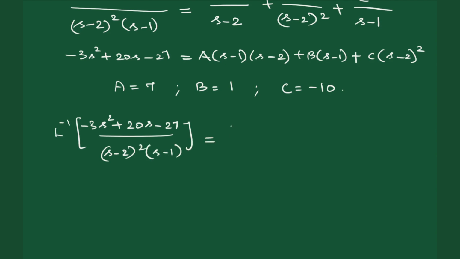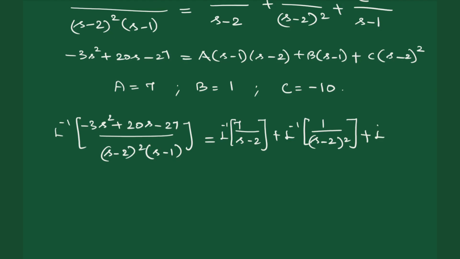So this can be written with a is 7 here: L inverse of 7 by s minus 2, plus b is 1, so L inverse of 1 by (s minus 2) whole square, plus L inverse of c is minus 10 divided by s minus 1, right?